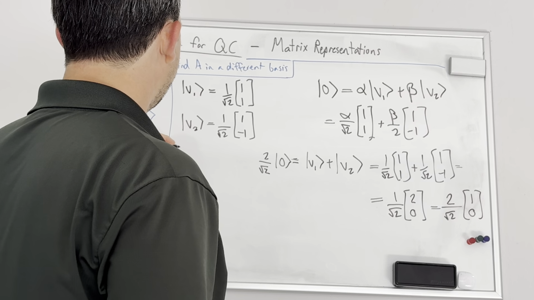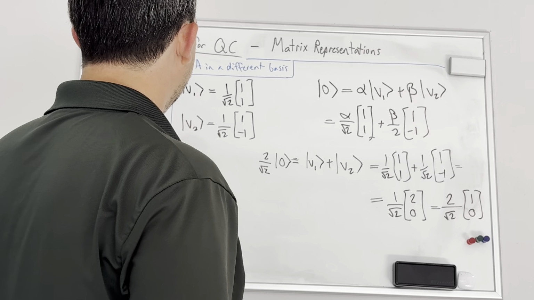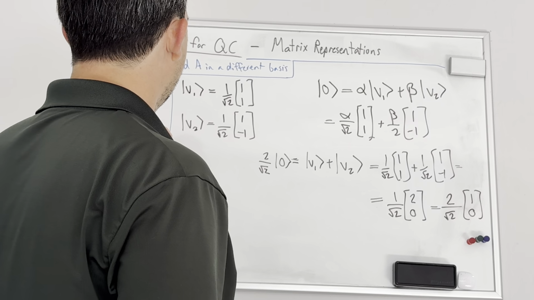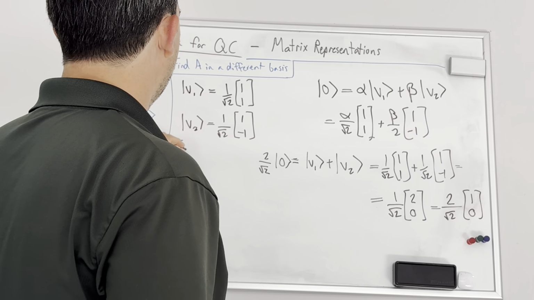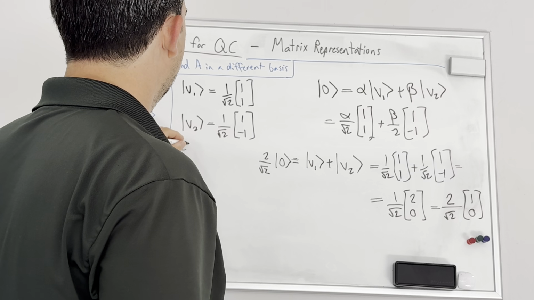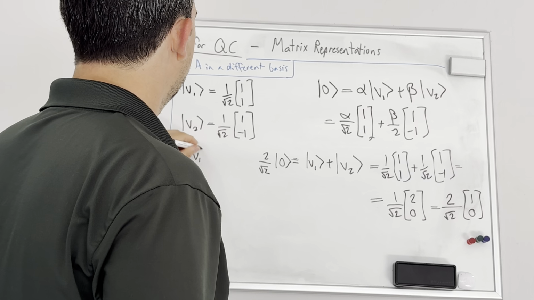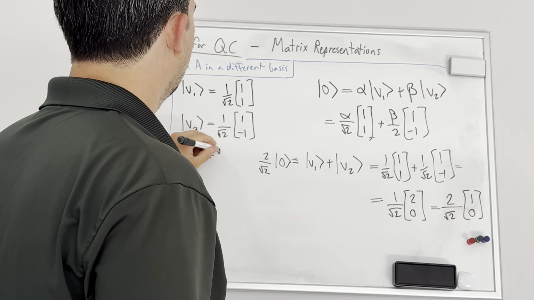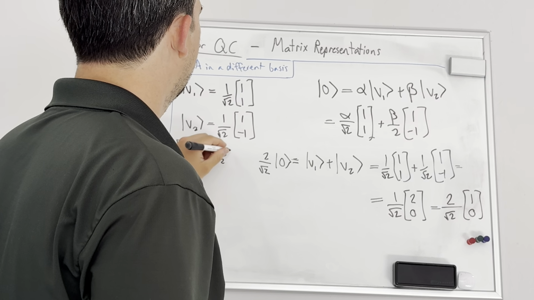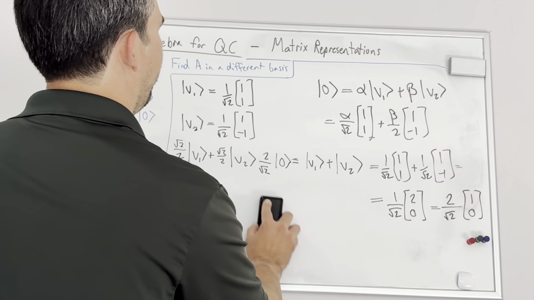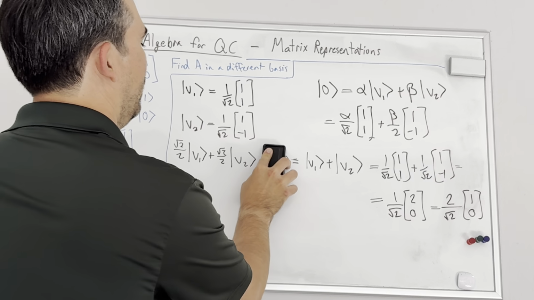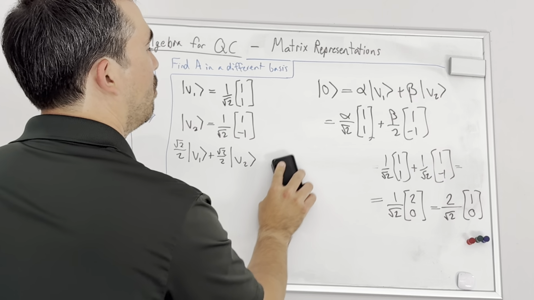I can rewrite this 0 vector as root 2 over 2 v1 plus root 2 over 2 v2. I'm just going to erase this to make some room for myself on the board here.